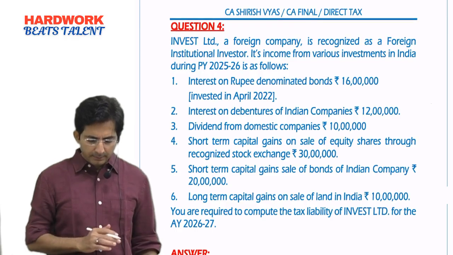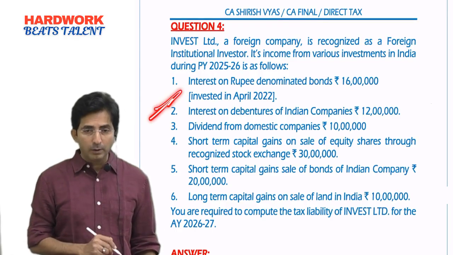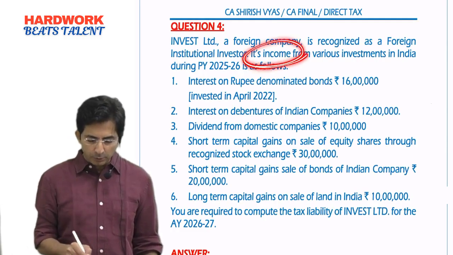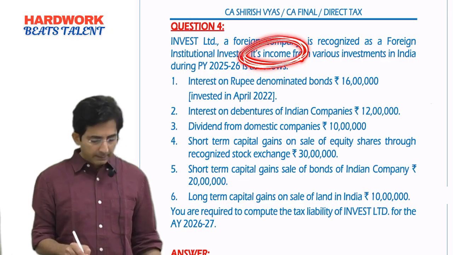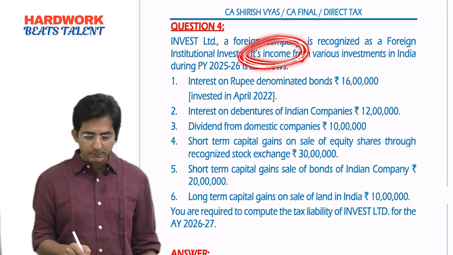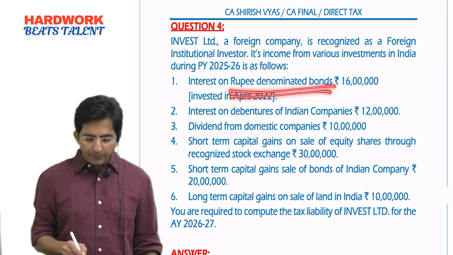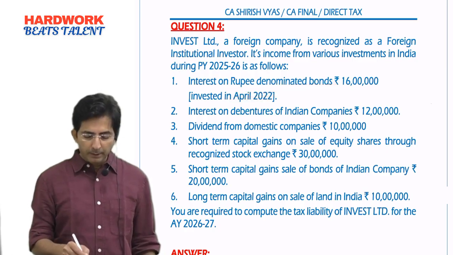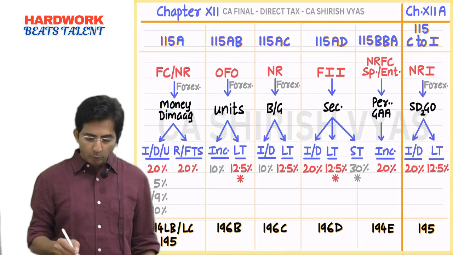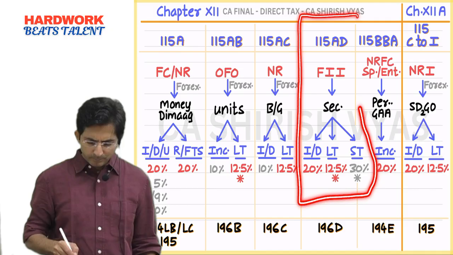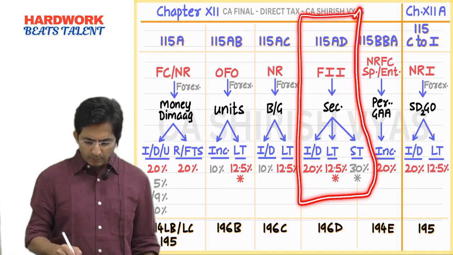Like see here, in our question, see the first point only. The question is of FII and this is a list of incomes. How many incomes are there? 6 incomes. Read, the first income is interest from rupee denominated bonds. If you just focus on the FII section, then you will think what?